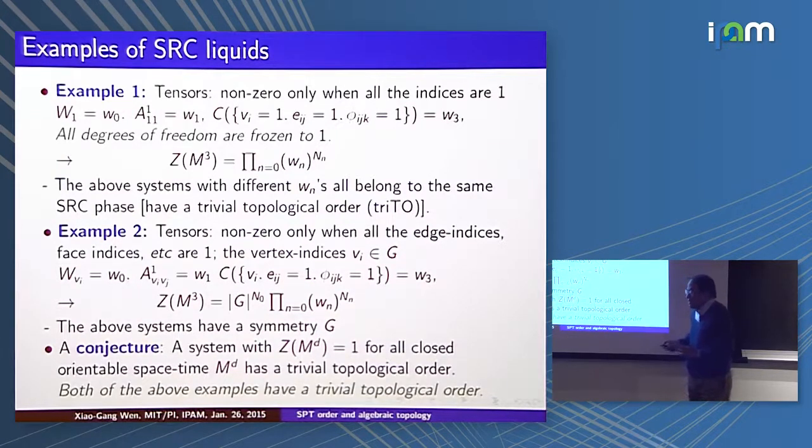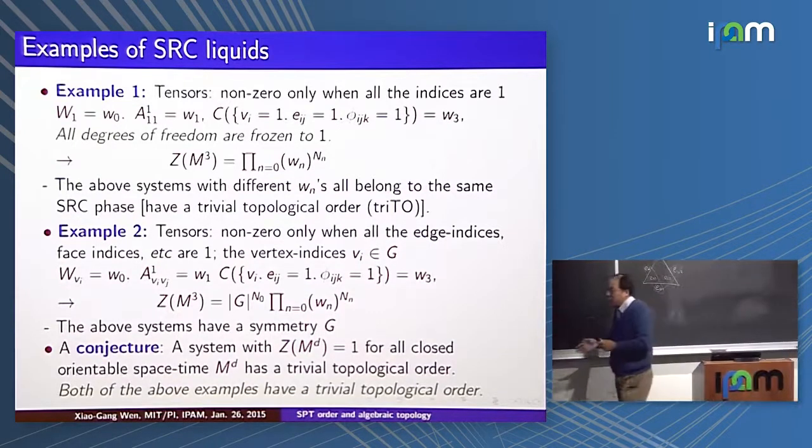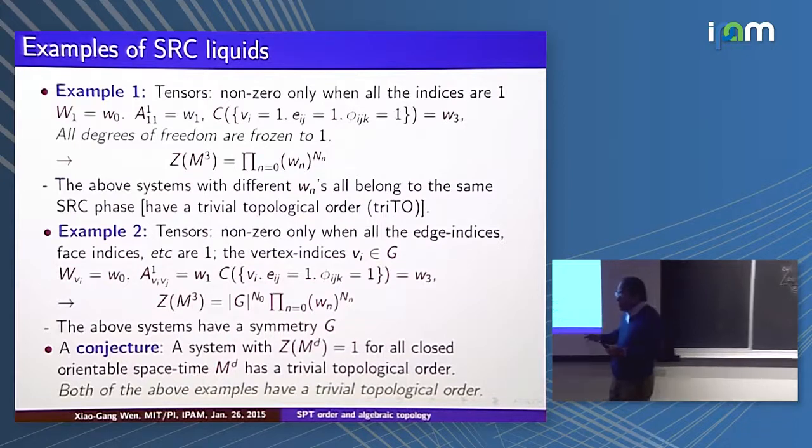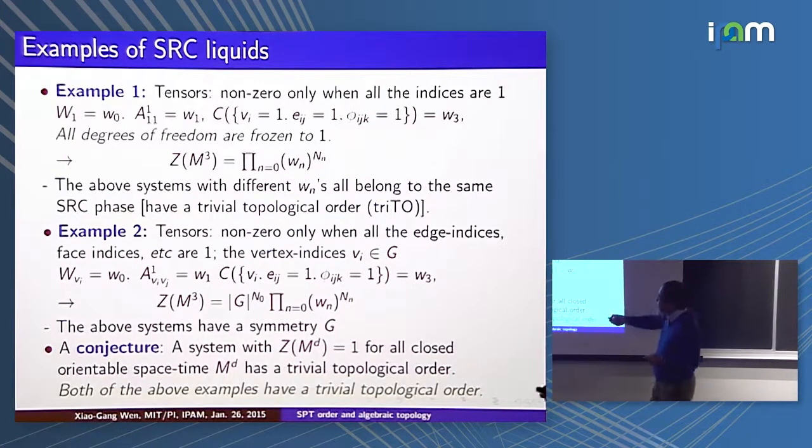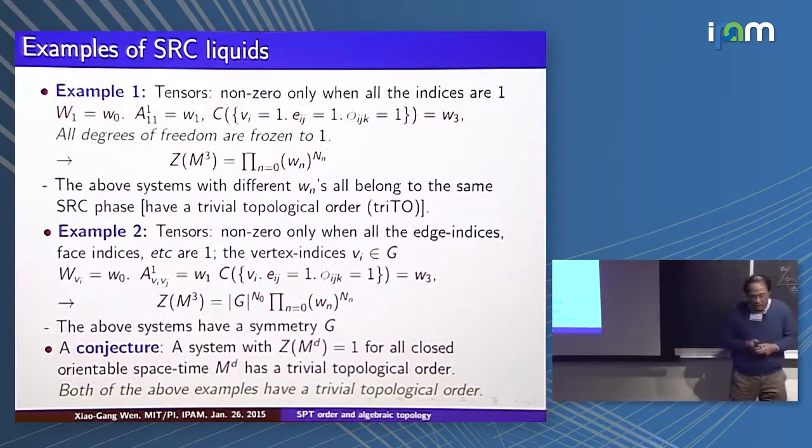I don't know in which sense, but maybe later I can address it. For some systems like the toric code, a triangulation-invariant tensor gives topological invariance in the usual sense. But for the E8 quantum Hall states, things are more complicated, and my discussion includes the E8 quantum Hall states and all these chiral theories.